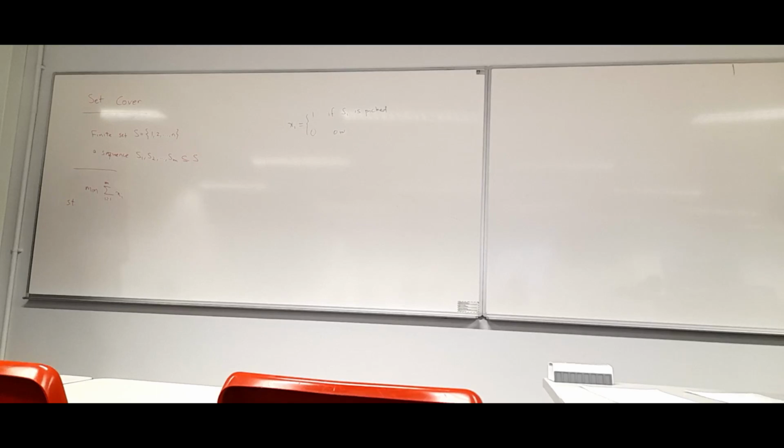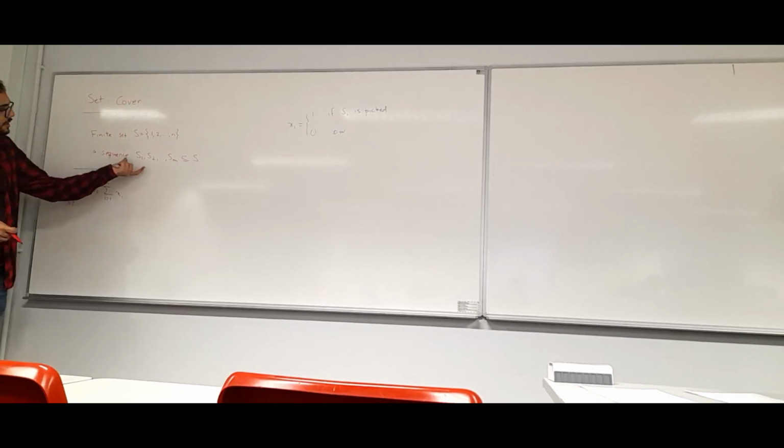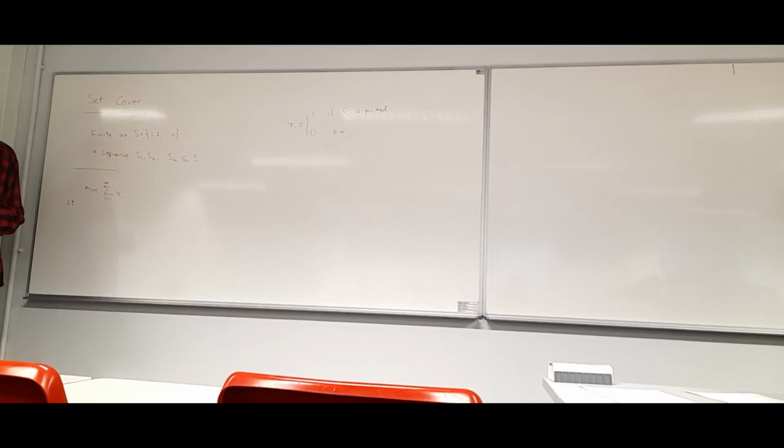Well, I want the subsets that I pick to cover all of my elements. Right? So how can I write this as a constraint in ILP? I can say I take each one of the elements, and then I write a constraint that says this particular element has to be covered.